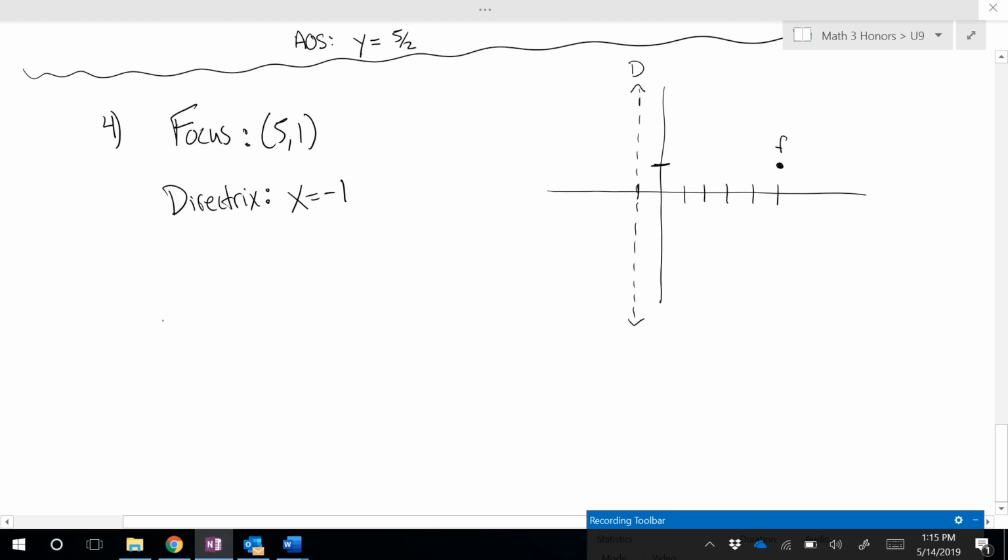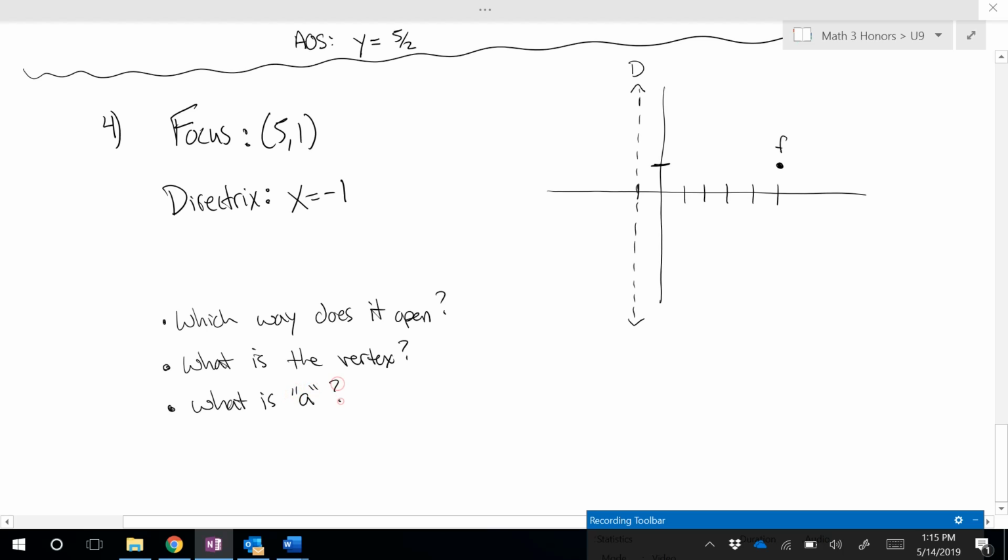So first thing is, which way does it open? Second question you need to answer is, what's the vertex? And third question you need to answer is, what is A? If you can find all 3 of those things, then you can put it together and write your equation.